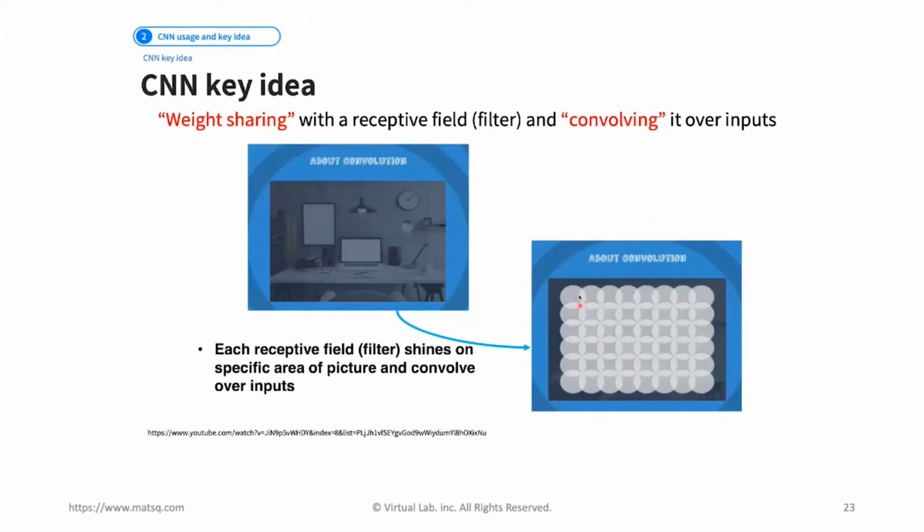So this window goes down, left, right, left, in all directions, and as it goes, weight sharing is occurring. This filter scans the picture and passes by weight sharing. This is the key idea of CNN. Again, weight sharing and the convolving filter are the main key ideas of CNN.